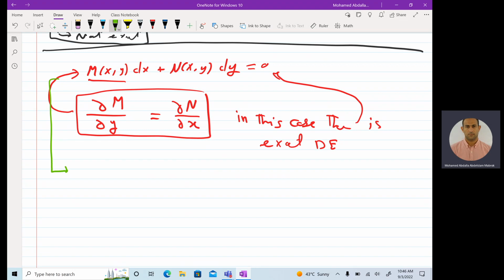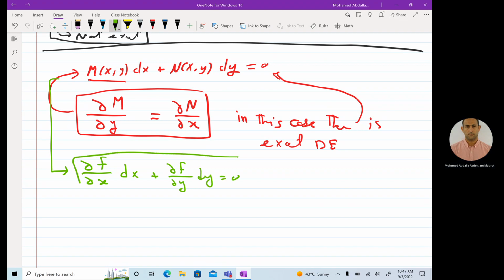This differential equation is actually generated as M, which is partial f by partial x, dx plus partial f by partial y dy equals 0.